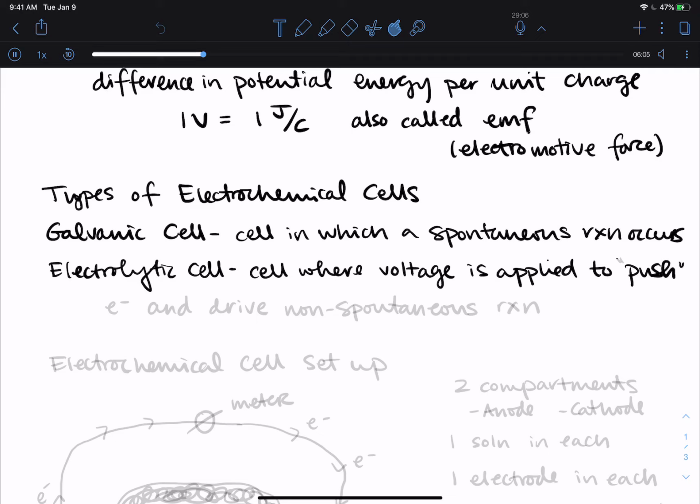So we have a non-spontaneous reaction, but we're going to put some energy into that, push these electrons that need to flow to actually be the process of the reaction. And this energy is what's going to be used to drive that non-spontaneous process.